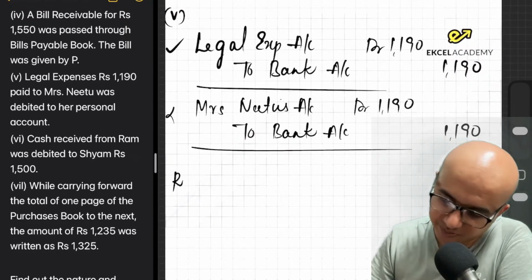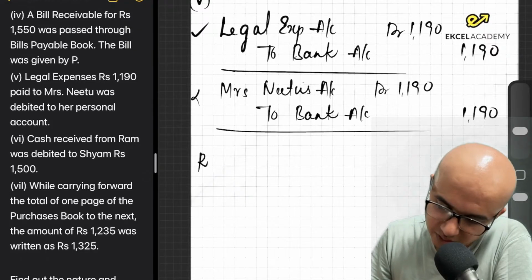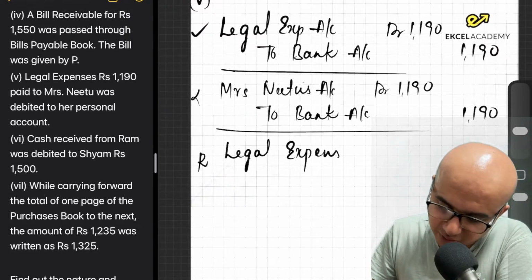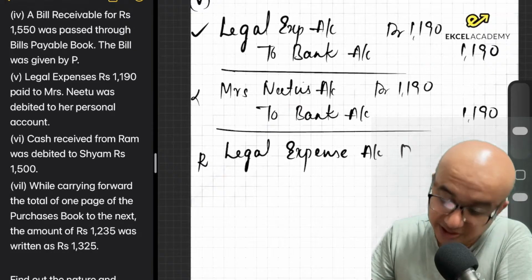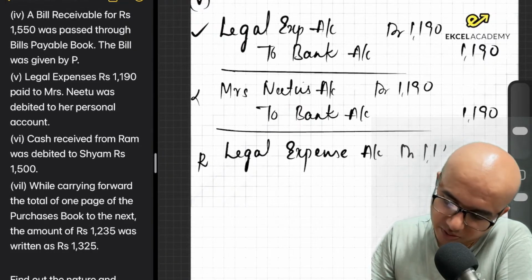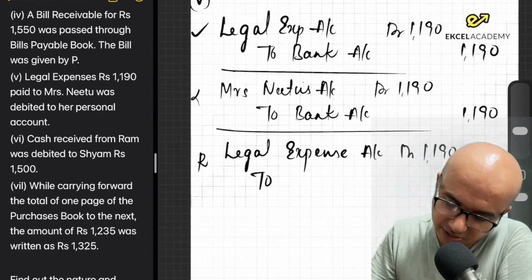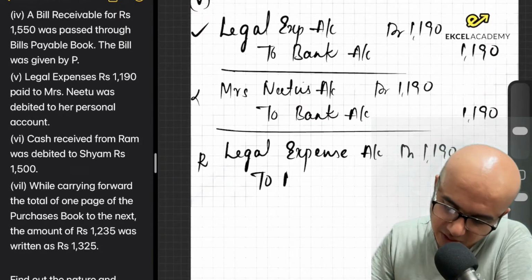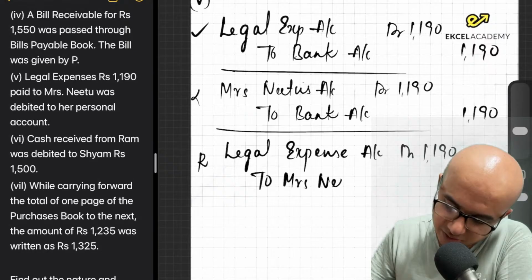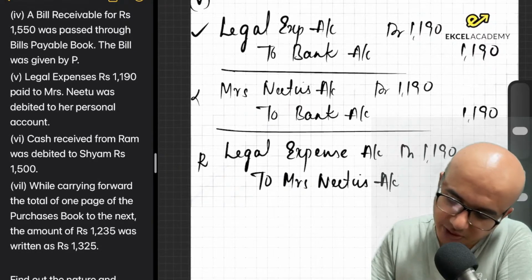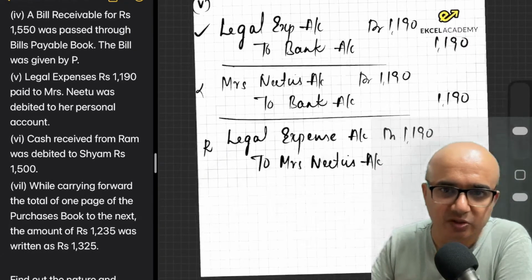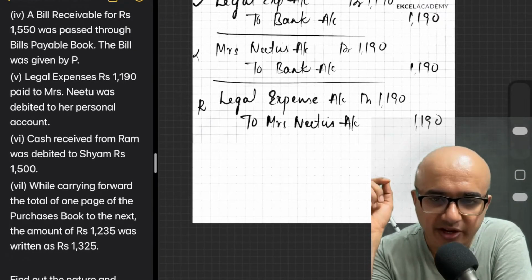The rectification entry is: legal expense account, give the right debit which was earlier missing, 1,190, and reverse this wrong debit to Mrs. Neetu by crediting it. So credit Mrs. Neetu's account 1,190. No need to touch the bank account because it has been correctly credited even in the wrong entry. So this is the rectification entry.